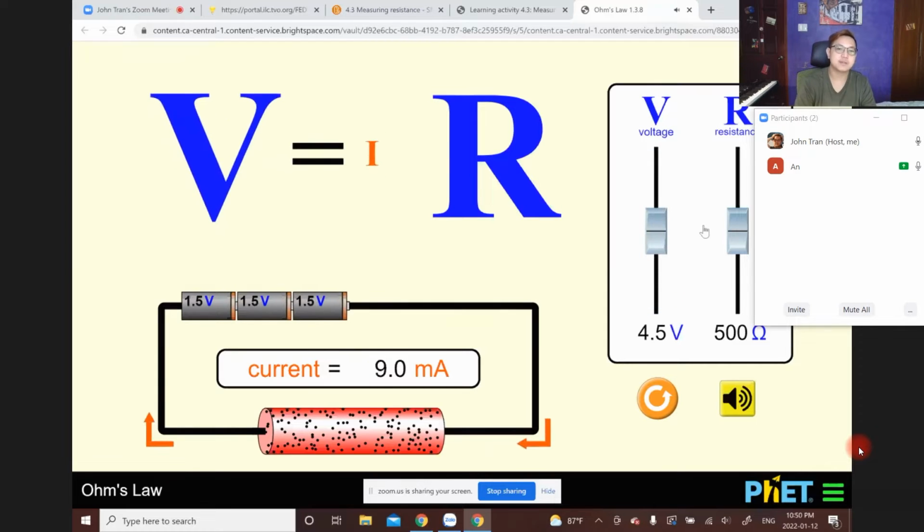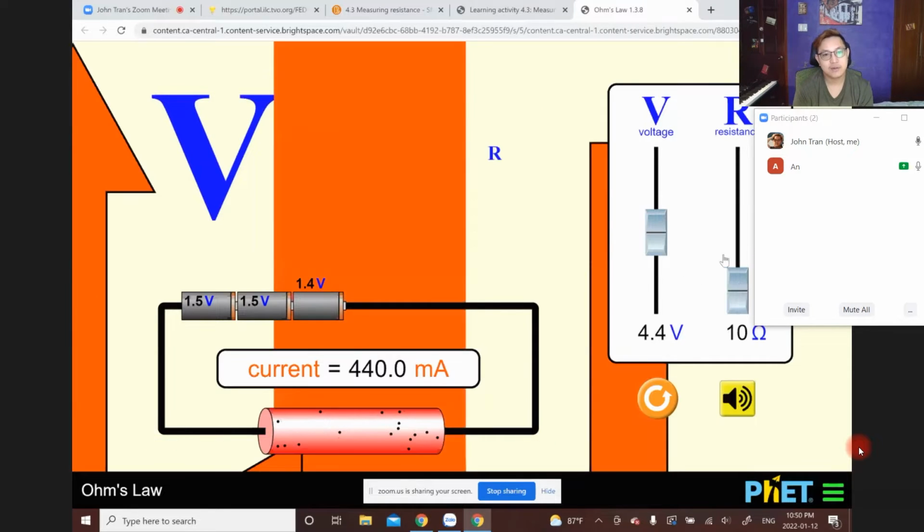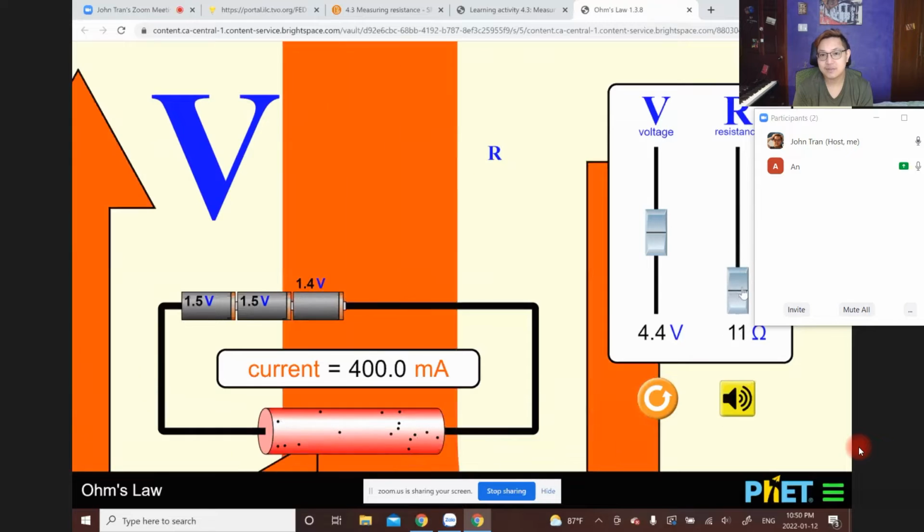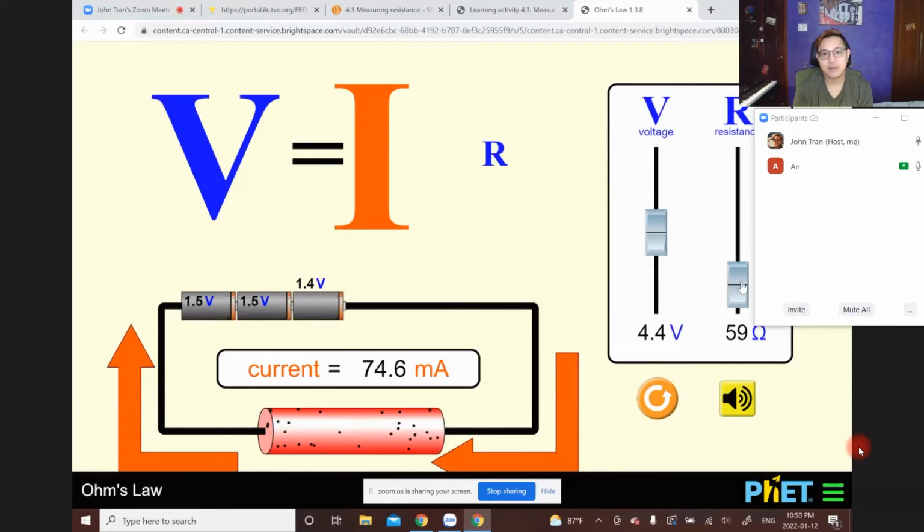Okay, so what happens here is you need to play with it a bit to see if you have big V, small I, or something like that, how they are related to each other. Let's play a bit with this.